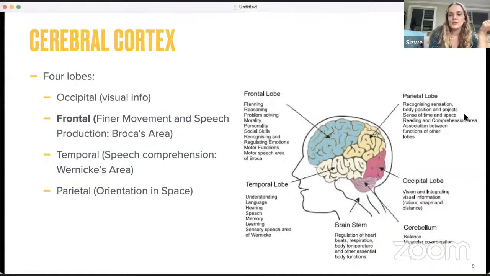The parietal lobe then is your orientation in space. So it's recognizing sensation, your body position, objects, your sense of time and space, reading and comprehension, association between functions of other lobes. Okay, so mainly the parietal lobe is orientation in space.